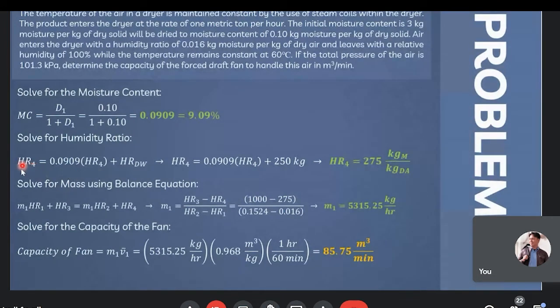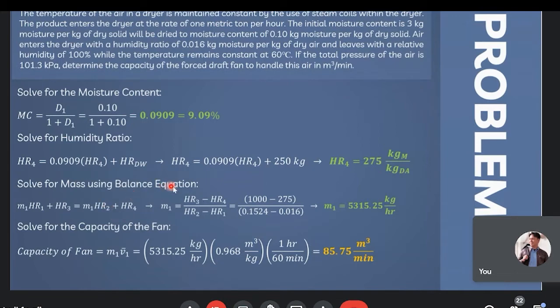Yung humidity ratio natin at 4 is equal to 0.0909 ng humidity ratio ng 4 plus yung humidity ratio natin for dry weight. So since isa lang naman yung variable na hinahanap natin, shift solve lang natin, makukuha natin yung humidity ratio at 4 which is 275 kg of moisture per kilogram of dry air.